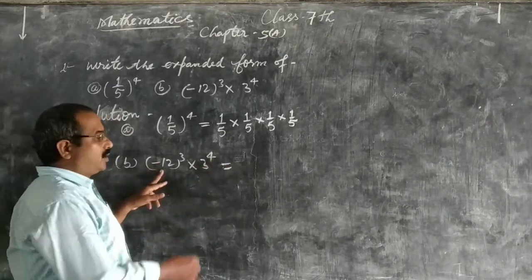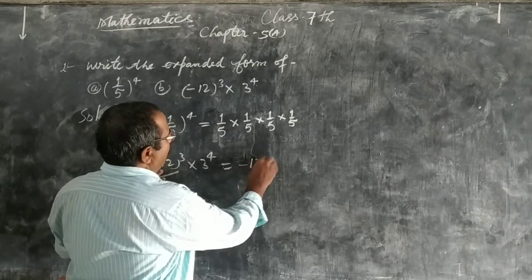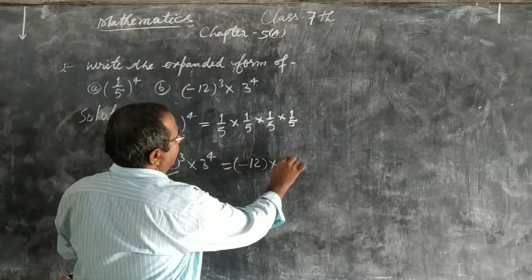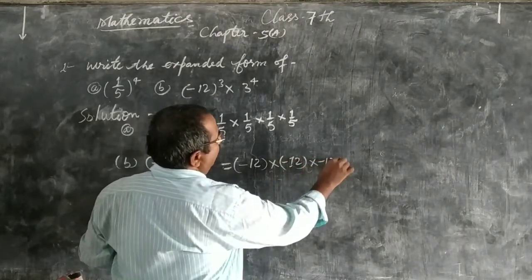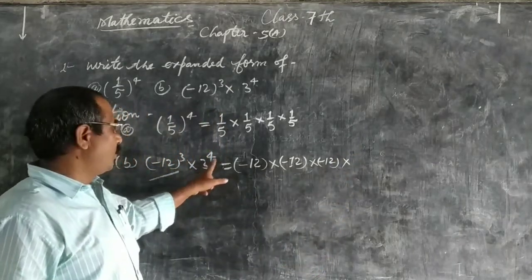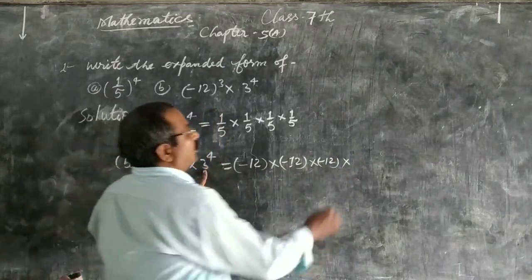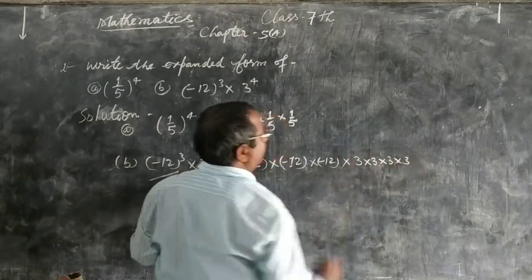So first of all you will write the first element 3 times because it has power 3. So minus 12 into minus 12 into minus 12, and after that you will write 3 up to 4 times. 3 into 3 into 3 into 3.